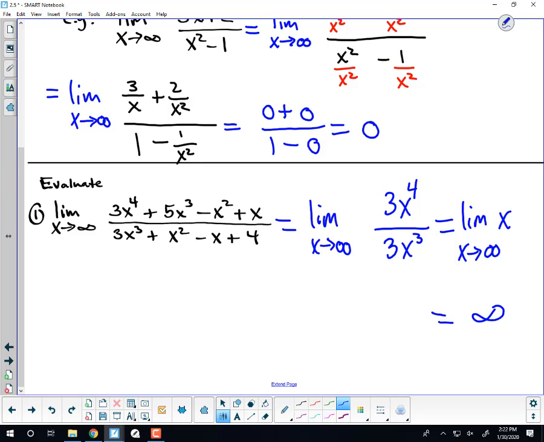It doesn't flatten out. So that function has no horizontal asymptotes. You get the same result if you approach x approaching negative infinity, rather. Same conclusion. Does anyone have any questions?